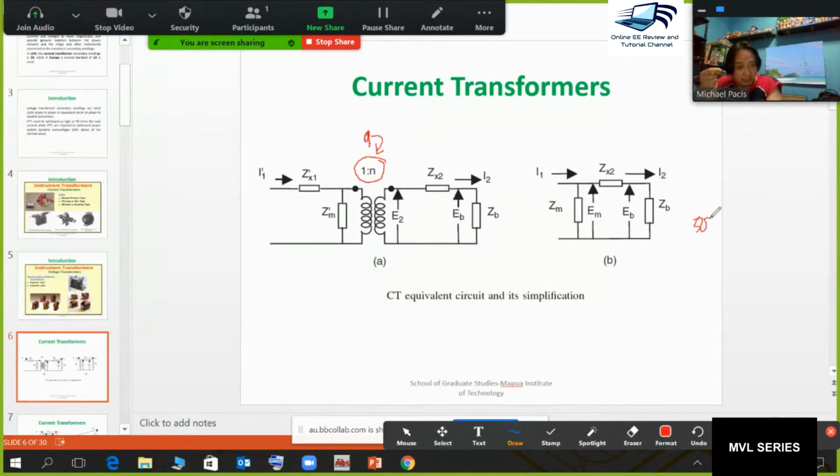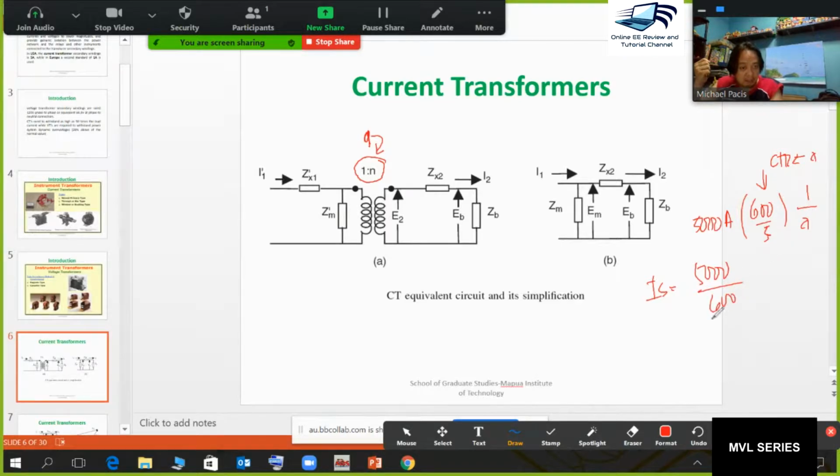For example, you have 5,000 amperes, and you have a 600 by 5 current transformer ratio, or I could say your A, which is simply 1 over n. So for my secondary winding, instead of multiplying it by A, it is 1 over A, or 1 over n.